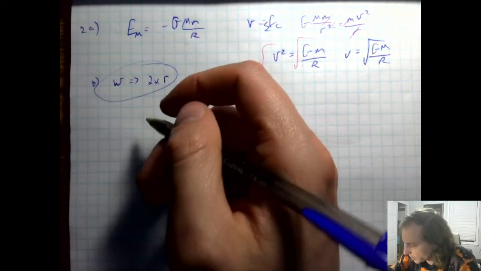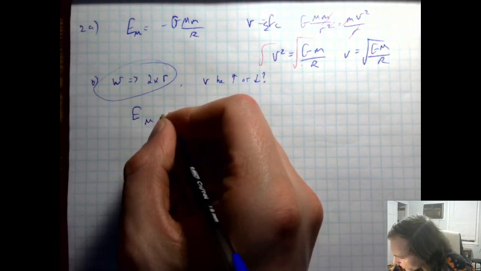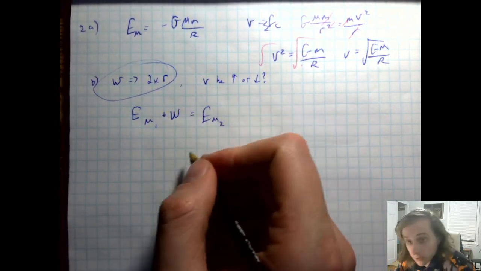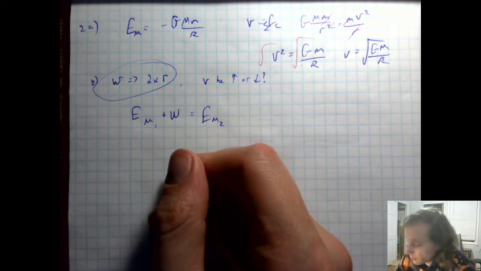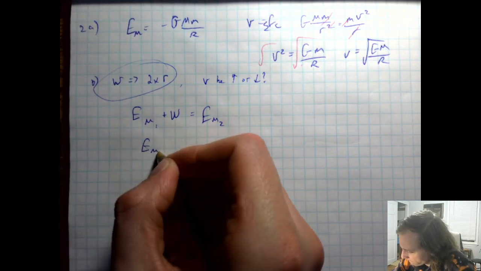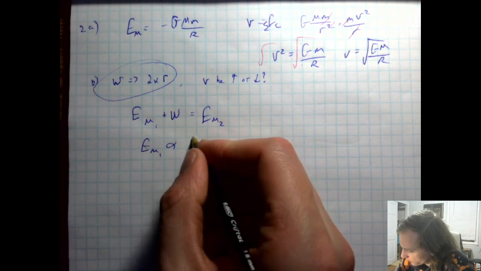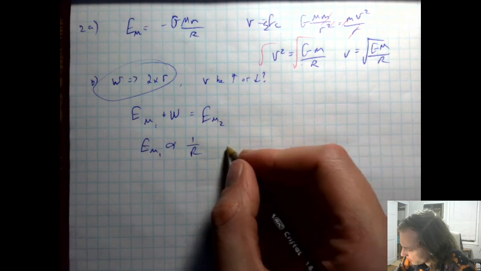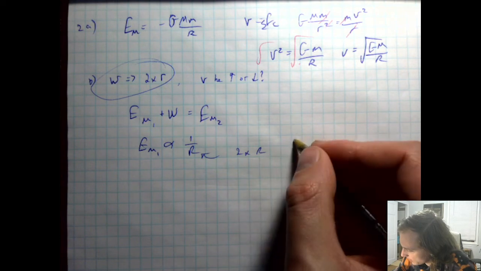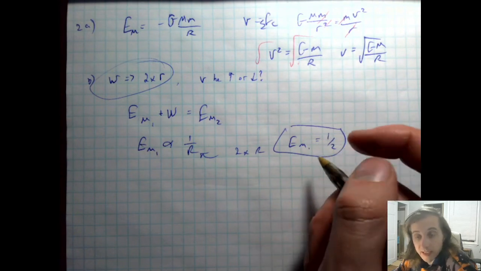So, if we're looking at the work that we're doing, our mechanical energy, plus whatever work we do, will equal our mechanical energy at our second location. If we're doubling our radius, we're going from our mechanical energy from our first location, and that'll be proportional to 1 divided by our radius. If our radius doubles, what that means is that our mechanical energy will be 1/2 as big.